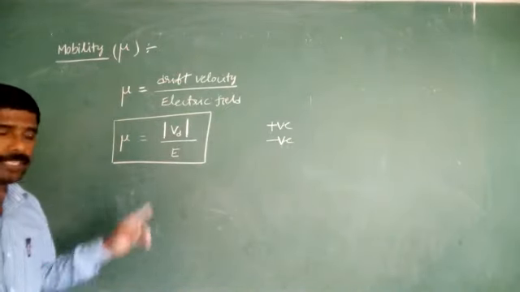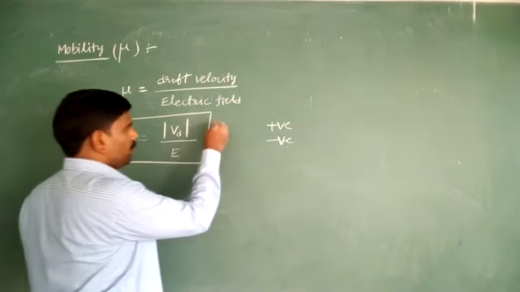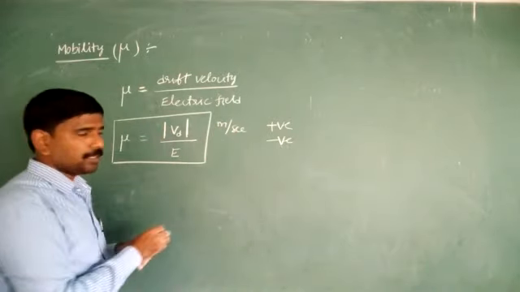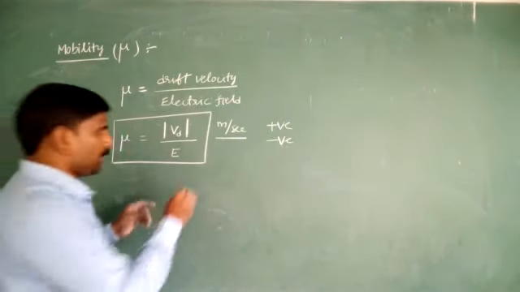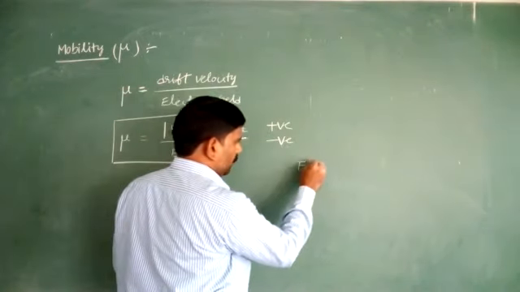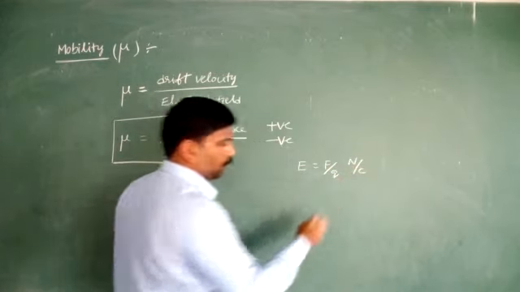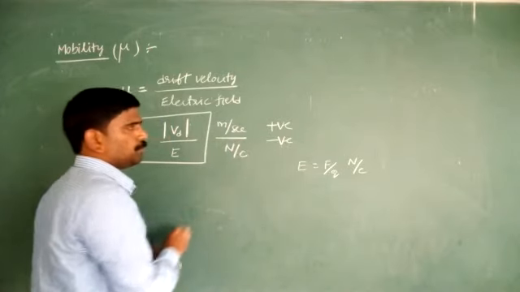What are the units for the mobility? The unit for the drift velocity is meter per second. Electric field is equal to force by charge, that is Newton per coulomb.